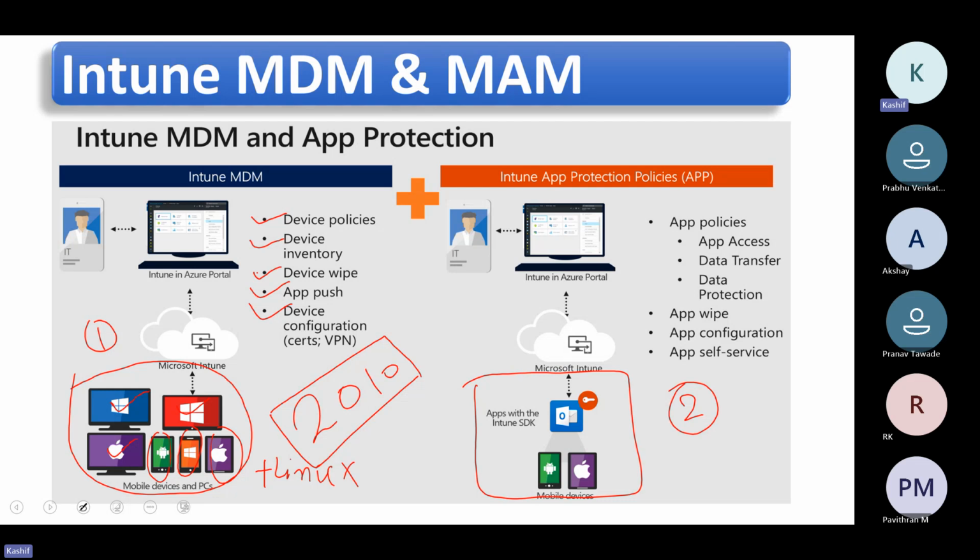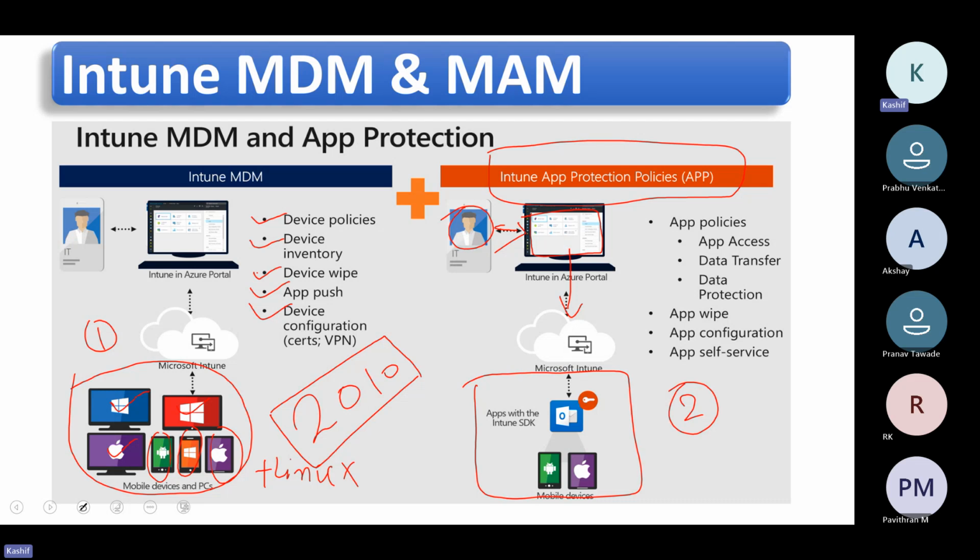Then mobile application management. So using Intune, you can manage applications inside your mobile devices. Suppose this is you as IT administrator, you will get this kind of Intune website, Intune portal. This is the Intune portal. And from this portal, you will deploy the policy, right?